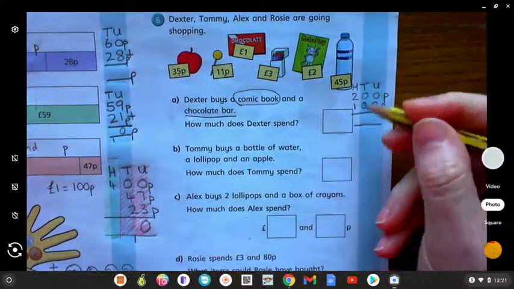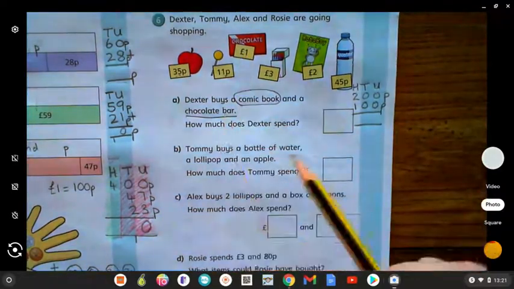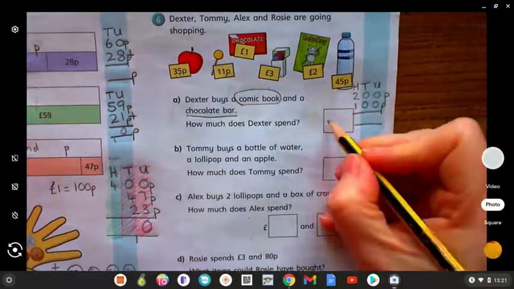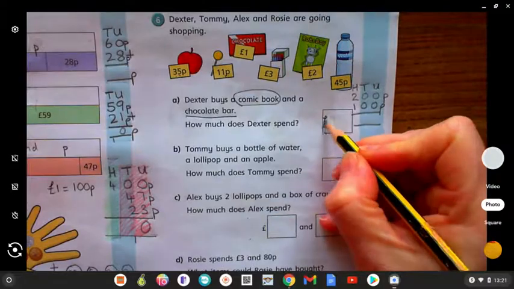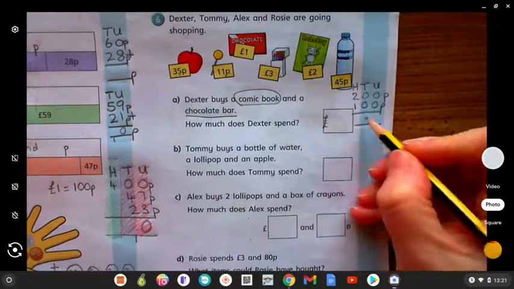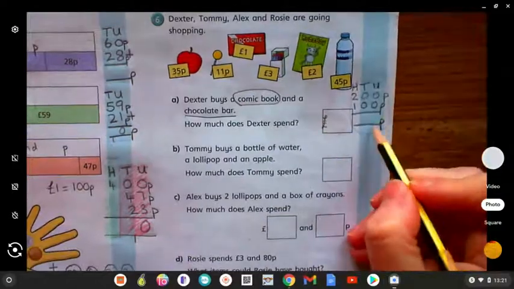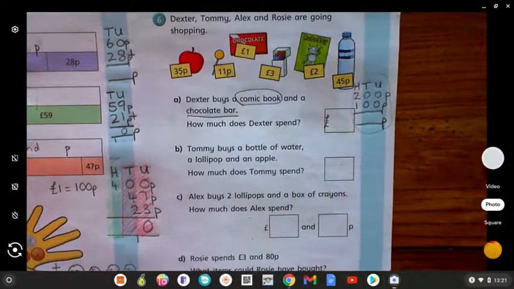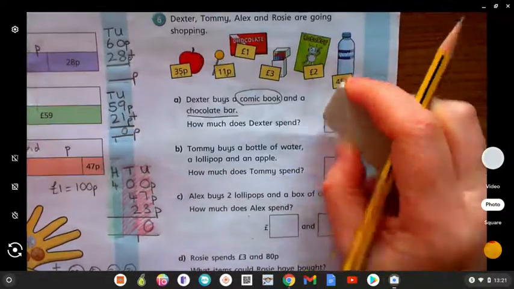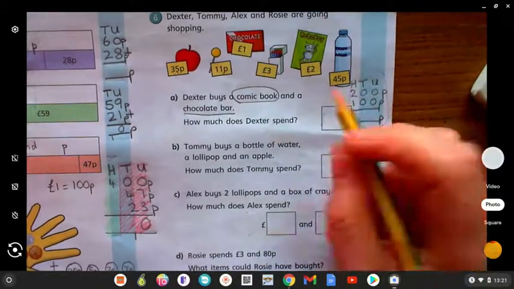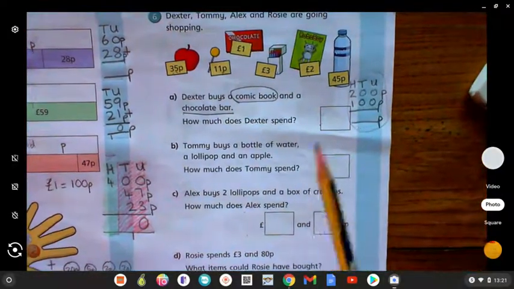And if you feel like you can do £2 and £1 in your head, then go ahead and write it in. But you want to write it in pounds and pence. Okay, so that answer here will give you an answer in pence. So if you want to, you can just do it in pence, or you can convert it back to pounds. Up to you. Depends how you do it.